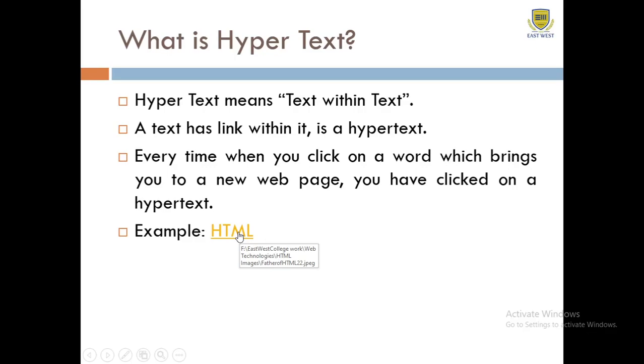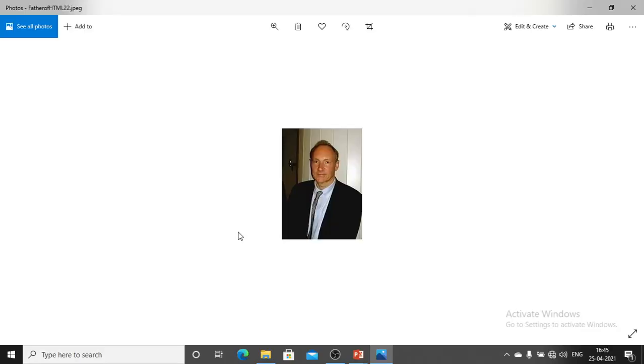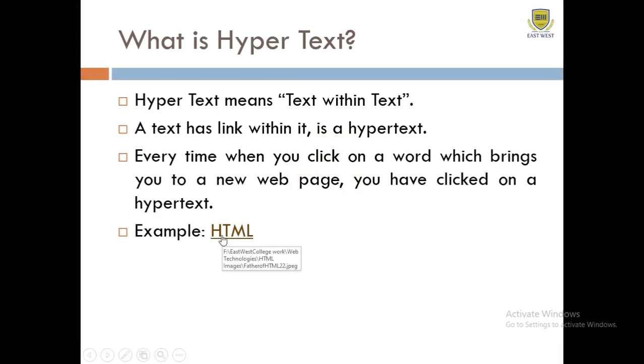I have clicked it, and you get a JPEG image of Sir Berners-Lee, the father of HTML. Once I click any text, it will take me to another file or text. This is called a hypertext.